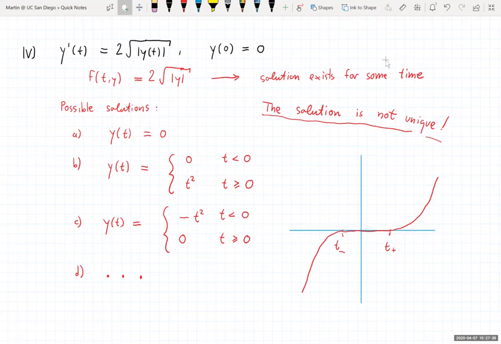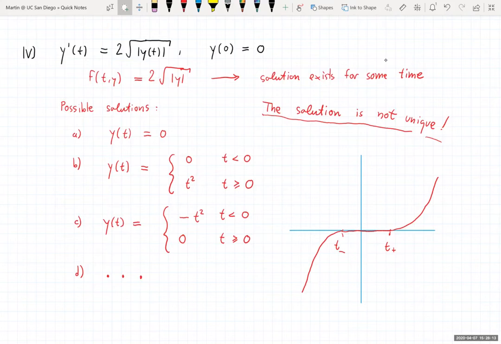Example number 4 is a standard example in the literature and displays some interesting features. So let's take a look at the differential equation y prime of t equal to 2 times the square root of the absolute value of y of t, with initial condition y at 0 is equal to 0.